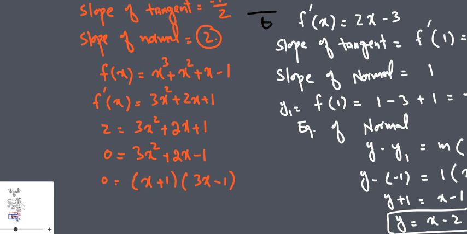So 3x squared, 3x minus x is 2x. And yes, these are the factors. So I will get x equals negative 1 and x equals 1 over 3. Got it? So these are the values of x.